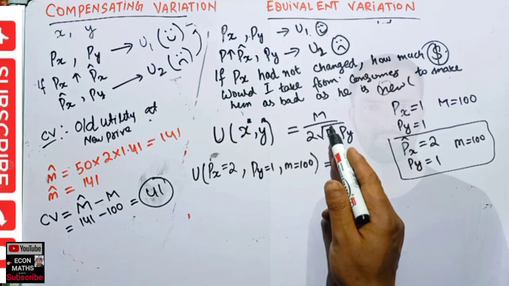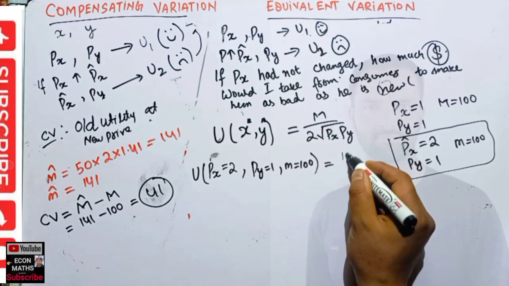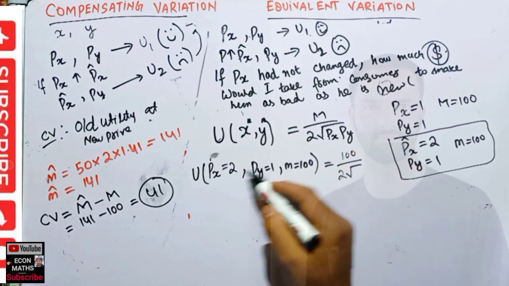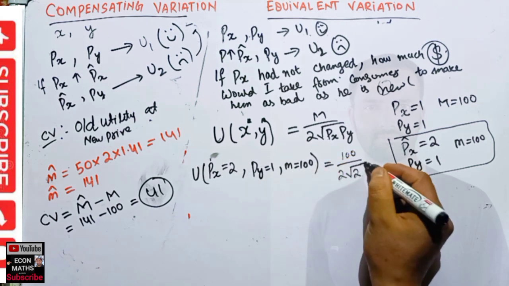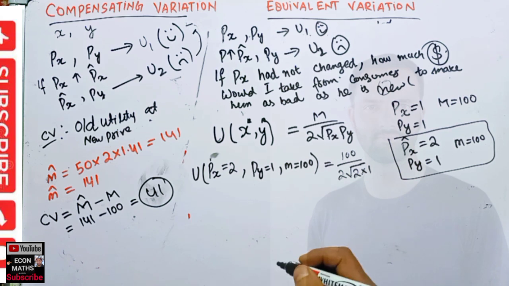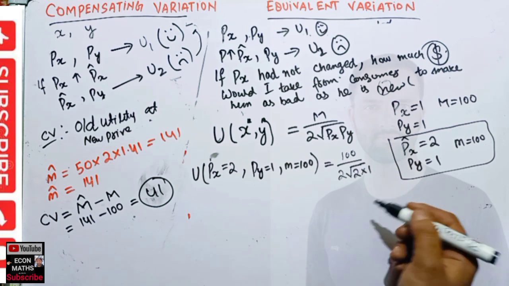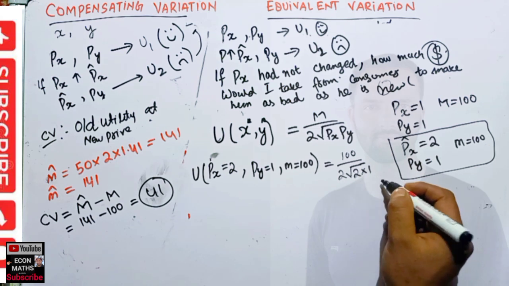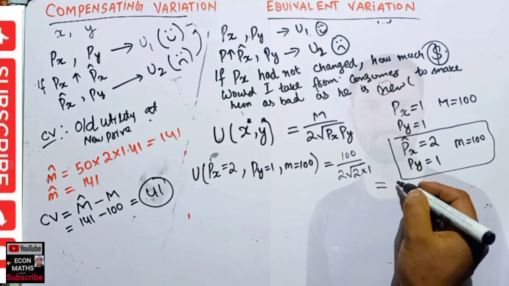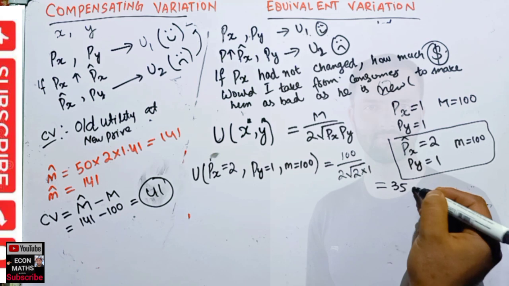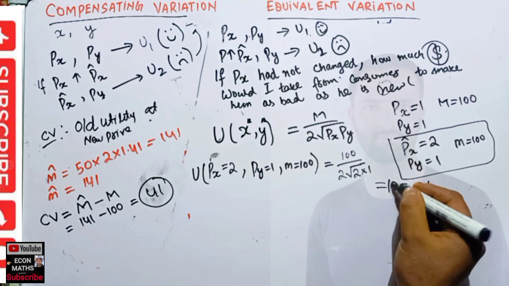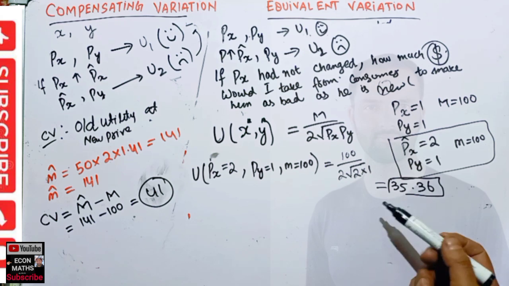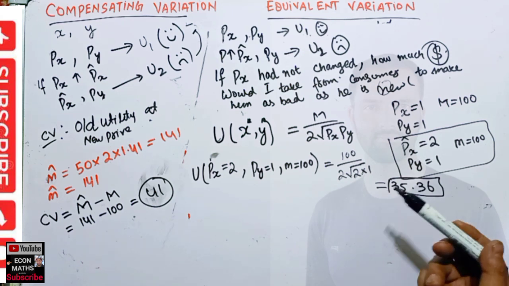In place of m we have 100 upon 2, price of x is 2, price of y is 1, so this is 100 upon 2 under root 2. When we solve, this will come out to be 35.36. This is the utility that the consumer is getting.